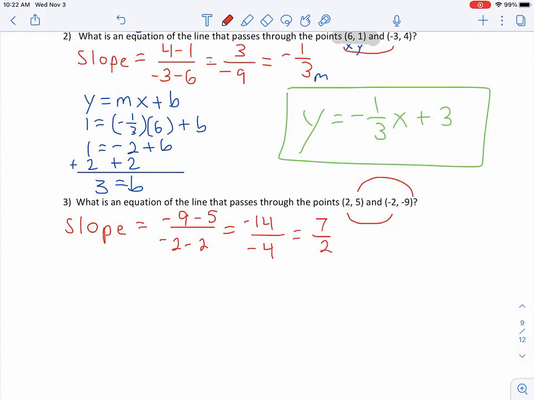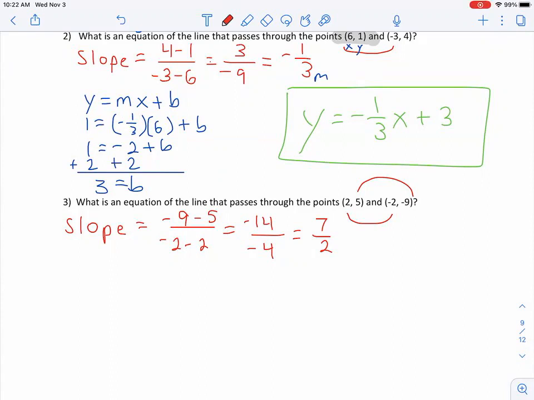And a negative divided by a negative will be a positive. So first, we should have a slope of +7/2. Now, some of you had a slope of -7/2, which means you just screwed up one of your negative signs, but then the next part would not be correct. So if you had -7/2, once you change that right now, then you can at least get the rest of it correct from here on out.